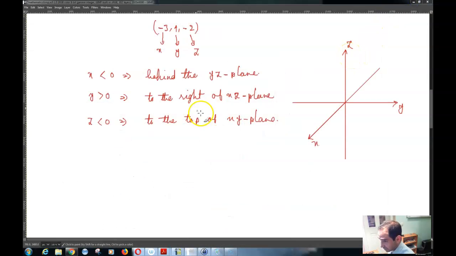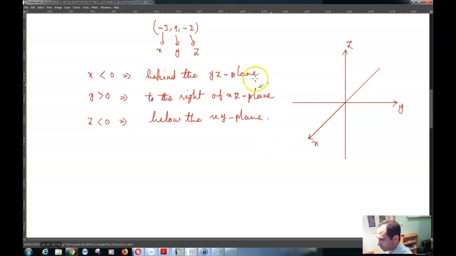So let me see. Your x is negative. Since your x is negative, you are behind the yz plane, and since your y is positive, you're to the right of the xz plane, and since your z is negative, I'm sorry, I made a mistake over here, you are below the xy plane.